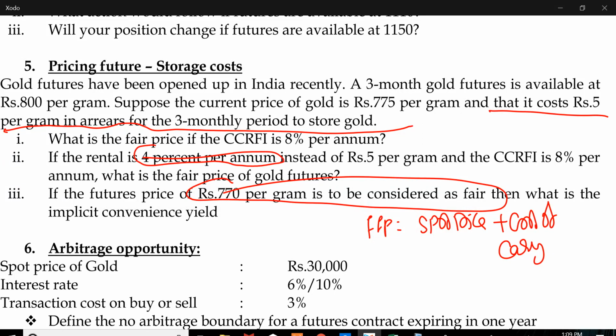We computed something, they are not ready to agree, they say this is the fair futures price. So the difference is the implicit convenience yield: computed FFP minus FFP given in the question.